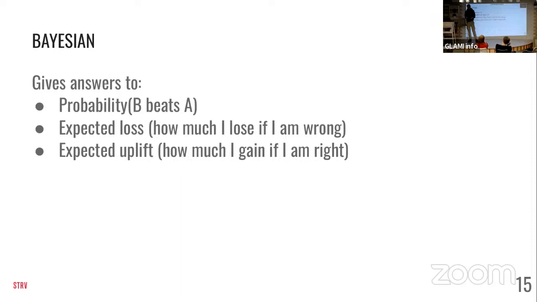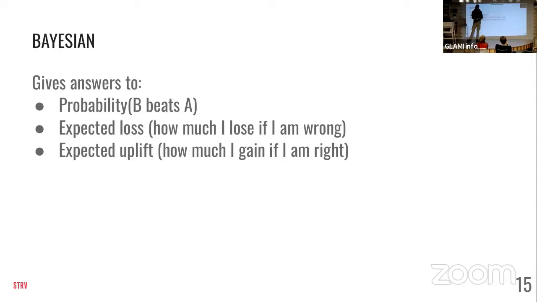So it's very business-oriented. I think this is a very practical thing, and of course expected uplift. If you are right and your version B is actually better in reality, then how much do you gain? Because I saw some setups where the expected loss was very tiny, so the risk was small, and the probable uplift was not so high.